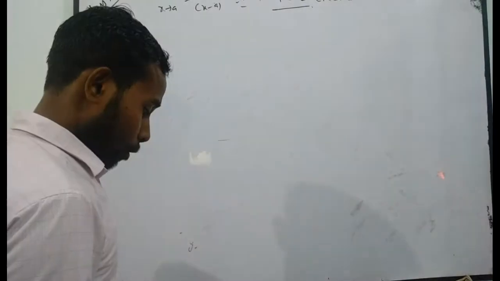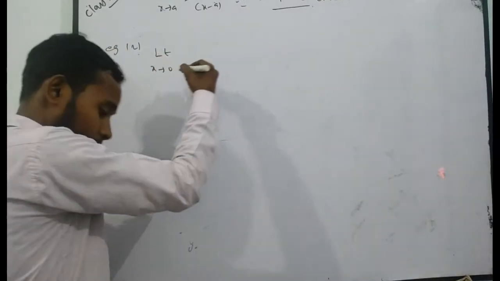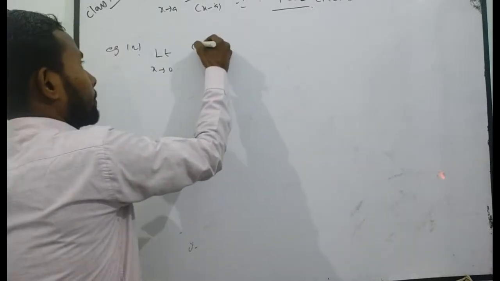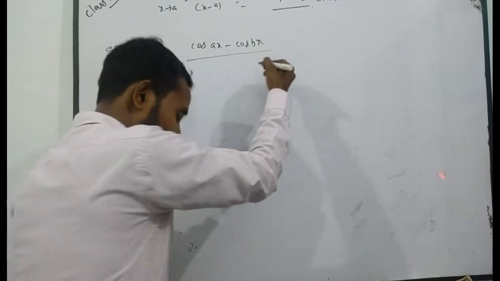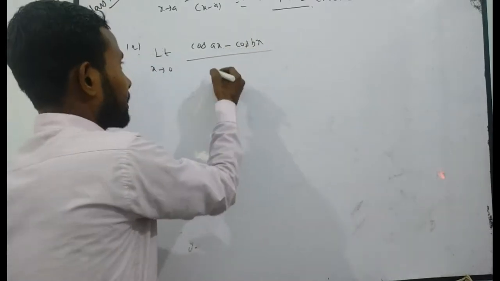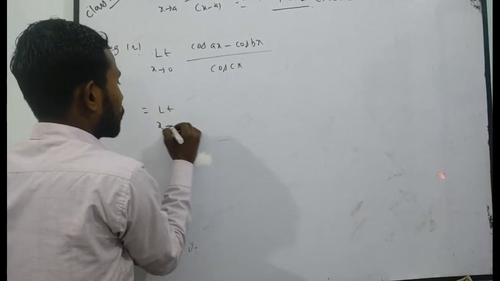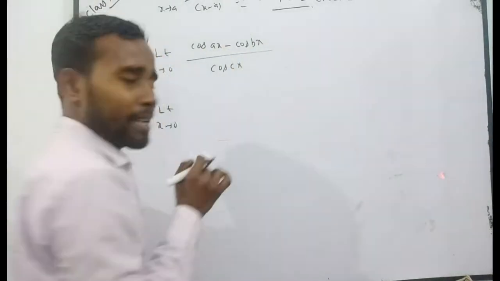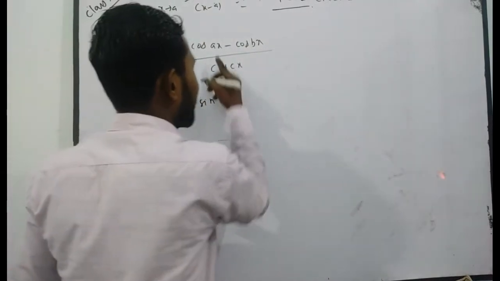See problem 12. Evaluate limit x tends to 0, (cos ax minus cos bx) divided by cos cx. What is the formula of cos c minus cos d? I have already told you, it is 2 sin((c plus d)/2) into sin((d minus c)/2).